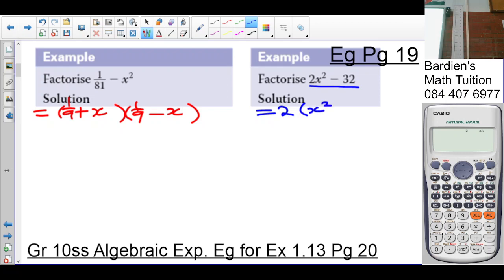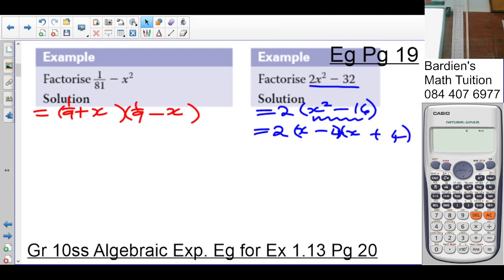So that will give us x squared minus 16. If we look at the bracket, the square root of x squared is x, the square root of 16 is 4. There's a minus between them, so the difference of two squares can be applied to the bracket. So I'm left with x and x, 4 and 4, one plus and the other minus.